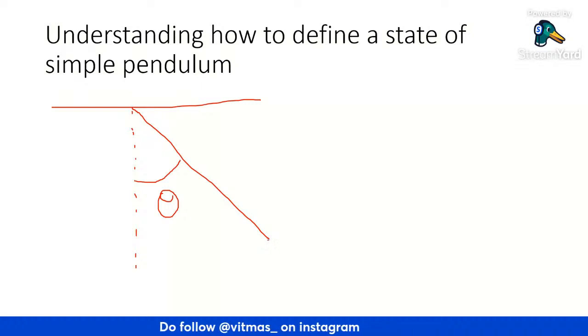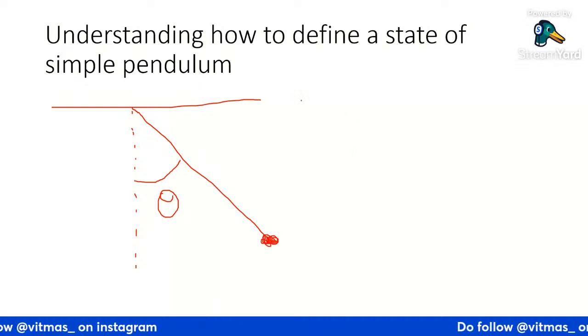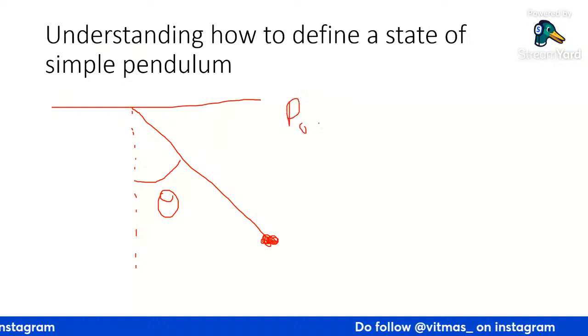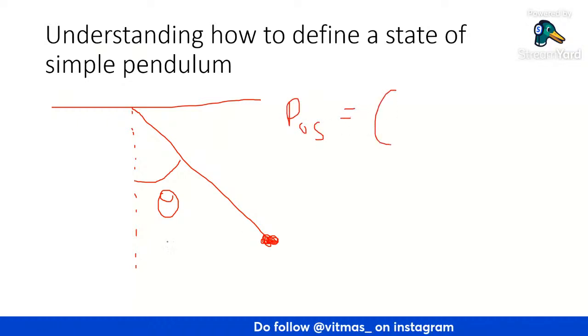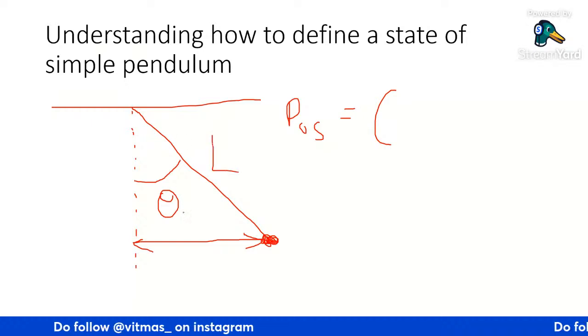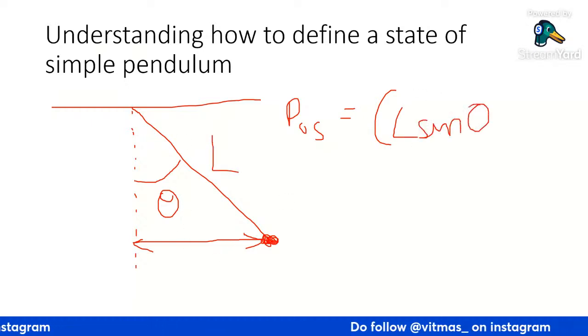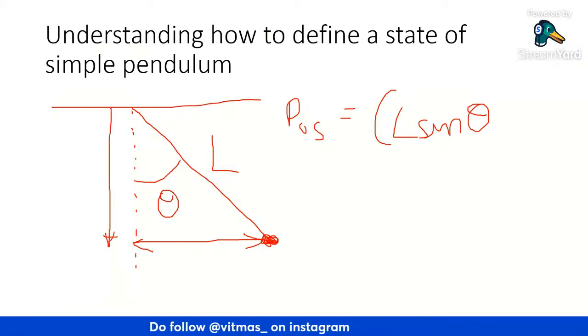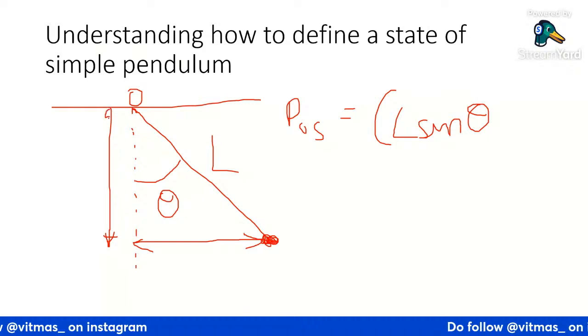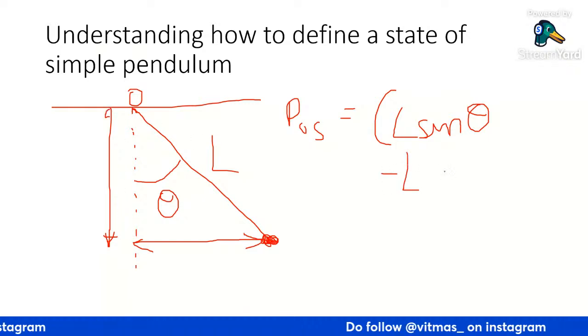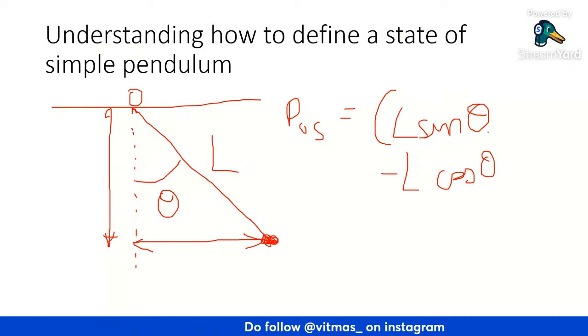By using our 11th grade derivation, we know that the position in the x coordinate will be, by simple trigonometry, L sin theta, and this much we are going down. Assuming this as the origin, we are going down by L minus L cos theta.